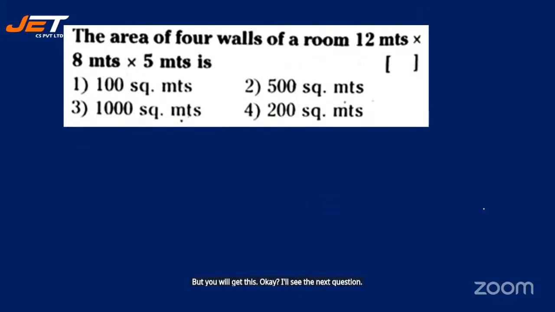The area of 4 walls of a room 12 meter, 8 meter into 5 meter is dash. All right, so the area of 4 walls of a room. I'm sure you all can try the sum. It's very simple only.